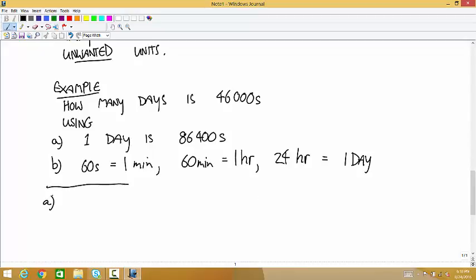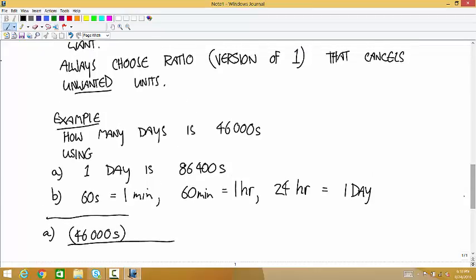So the first approach, we're going to start with our original value, 46,000 seconds, and we're going to multiply it by either 1 day over 86,400 seconds or by 86,400 seconds over 1 day.